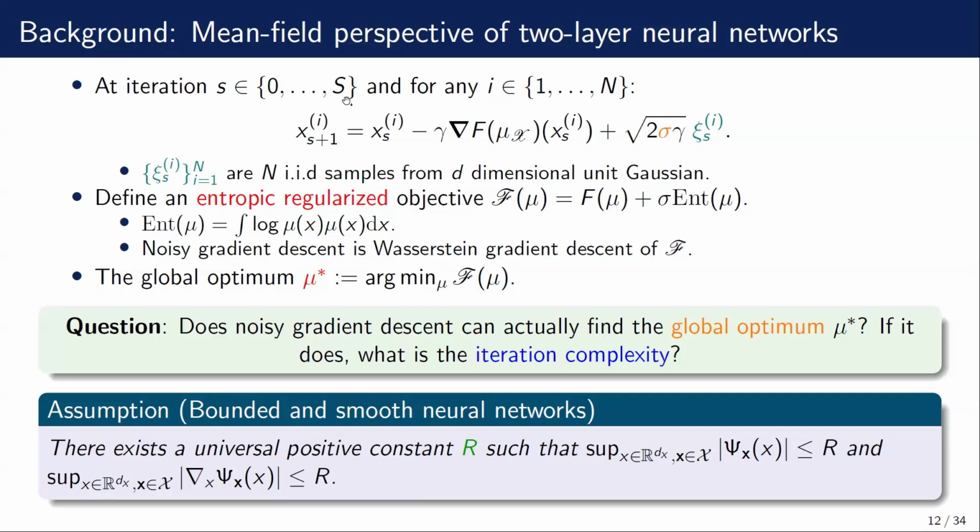At iteration S from 0 to big S, for any particle i from 1 to big N, the update scheme is: the particle at time S plus 1 equals the particle at time S minus gamma, the learning rate, times your Wasserstein gradient evaluated at particle i, plus some Gaussian noise at each time step. The addition of Gaussian noise is very crucial. This is what the theory requires. Without additive Gaussian noise, it's impossible to show convergence.